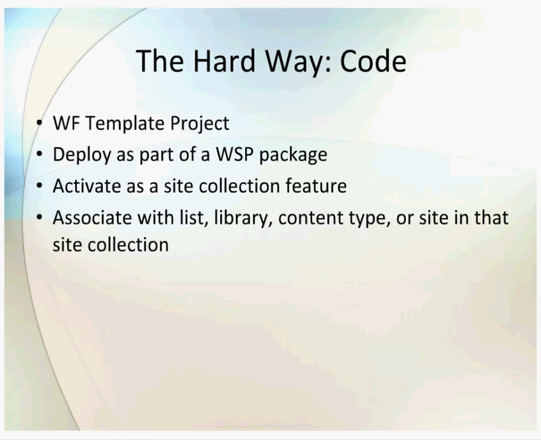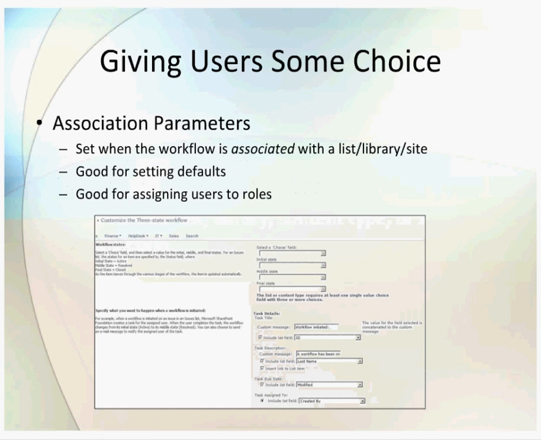So you create the code, you register it globally when you deploy the WSP package, and then in any different site collection you can activate it as a feature and then use it by associating it with some sort of container inside of SharePoint. You can give users some choice. In fact, if you're authoring a workflow in Visual Studio, you really ought to give some users some choice.